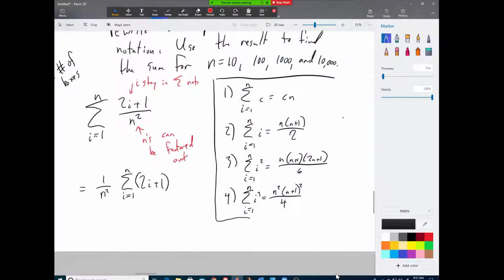I'm going to have to write small because we're close to the end of the page. And then I'm going to play with these functions to try to get them to look like one of the rules that are over here on the right. So for example, I see I'm adding 2 things together. It makes sense to me to go ahead and give each of them their own summation.